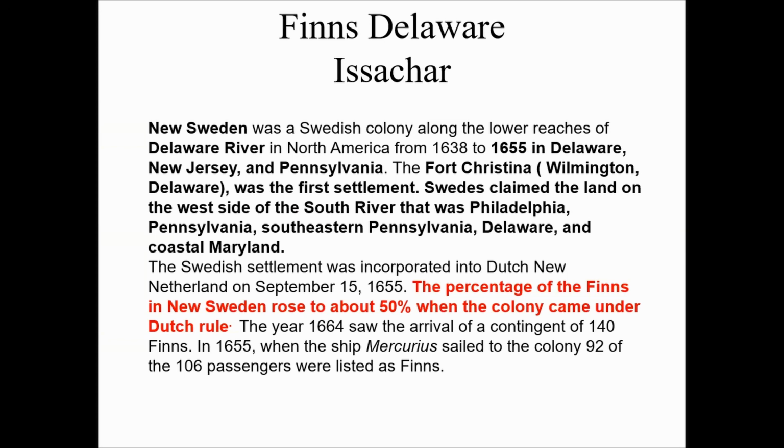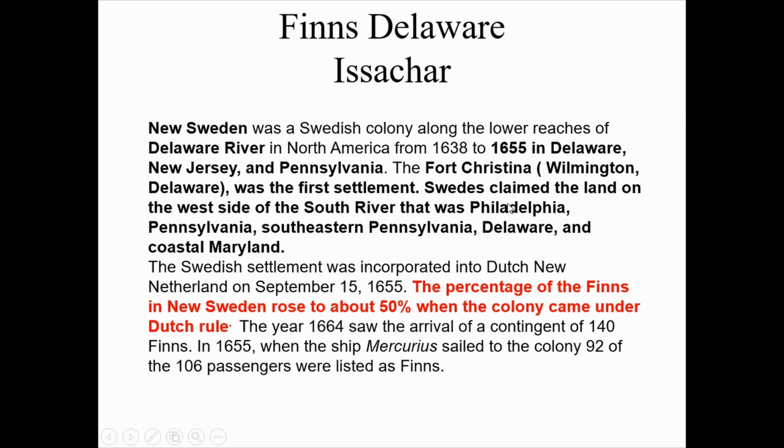Now, I'm going to give you the history here. New Sweden is what they called it. It was in the Delaware River. This was settled between 1638 and 1655. They settled into that area around New Jersey, Pennsylvania, and Delaware. The fort was called Fort Christina. It was in Wilmington, Delaware.